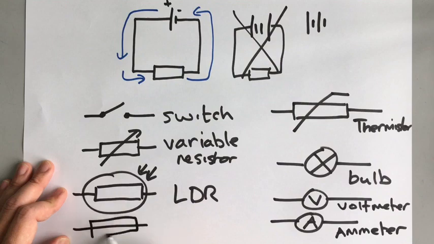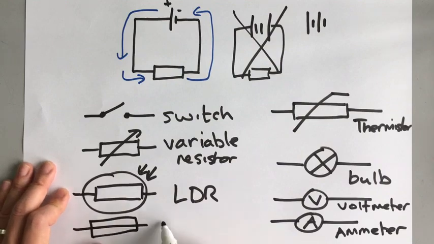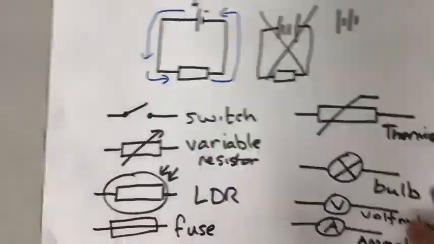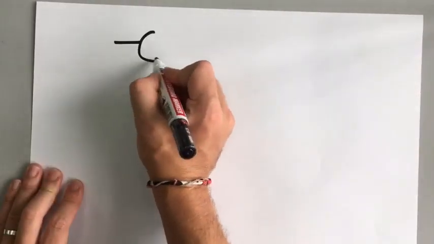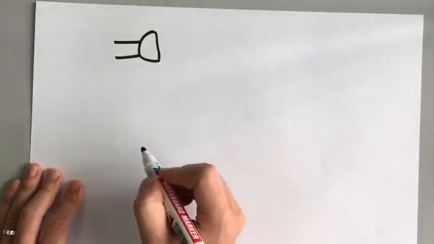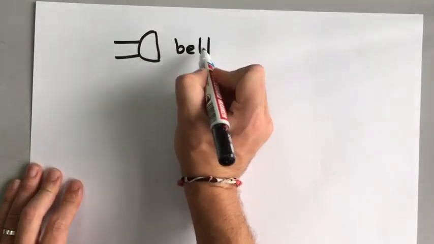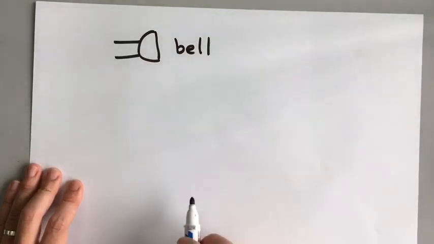Now, a fuse is a safety device we'll talk about in a different video, but they look like that. You also need to know what the symbol for a bell is, so something that makes a ringing sound. It looks like a backwards capital D with two wires coming into the curved part.